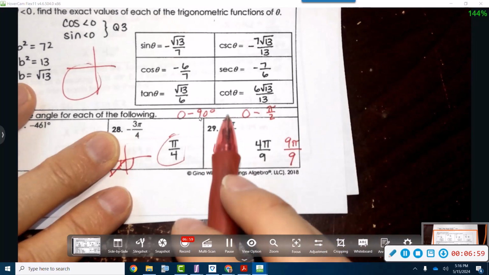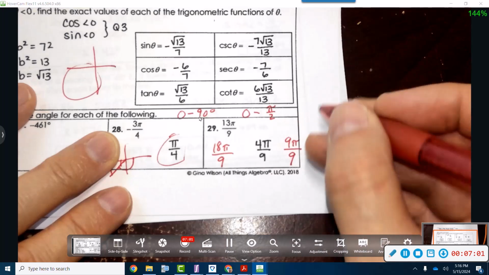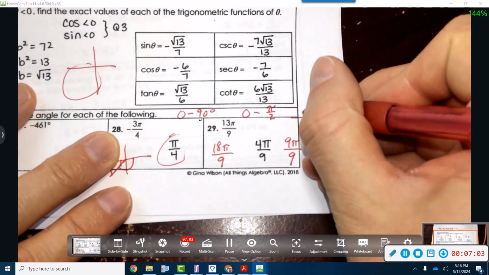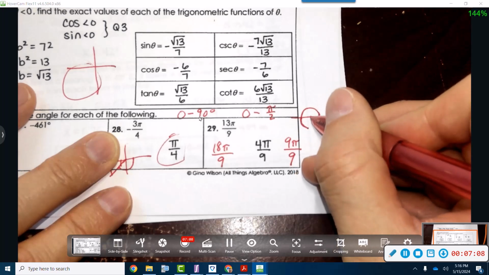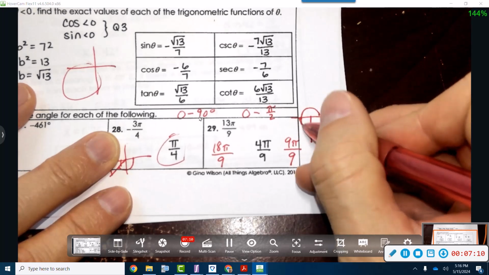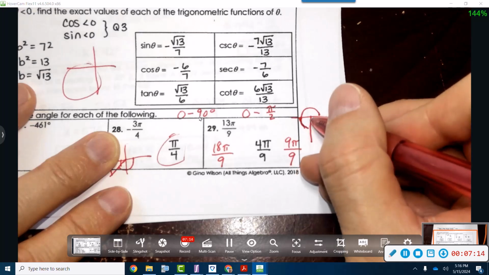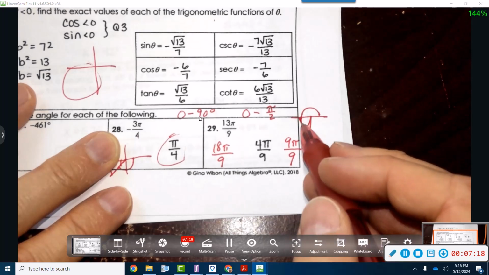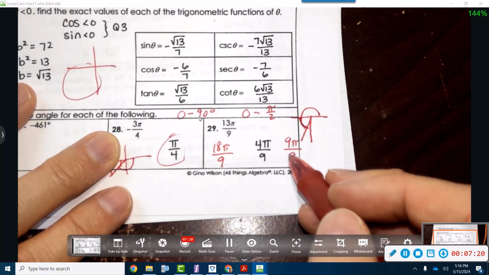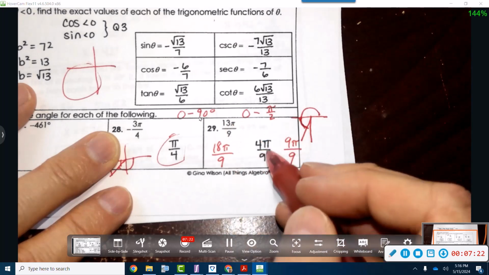So if I'm 13 of these, that means that I went 9 pi over 9, and then I went 4 more this way. Now, I don't know where that is, somewhere over here. 4 is not quite half. So this distance right here has to be the distance from 9 pi over 9 to 13 pi over 9. So it's got to be that.